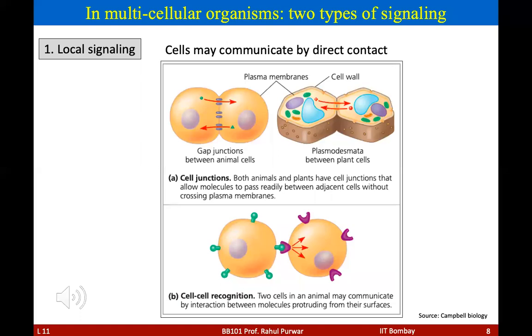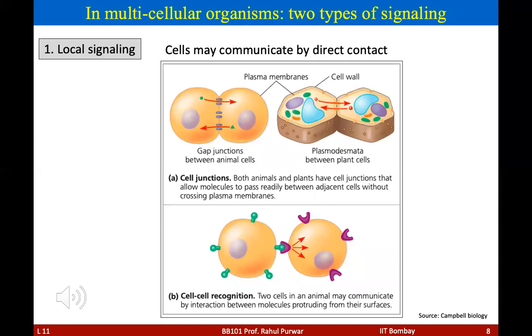Okay, and the second type of interaction, which is very interesting, is between two different neighboring cells via certain receptors. Receptors are proteins that bind a ligand on another cell. So let us say this cell has certain proteins which act as a ligand for the other cell, which has the receptor for this ligand.